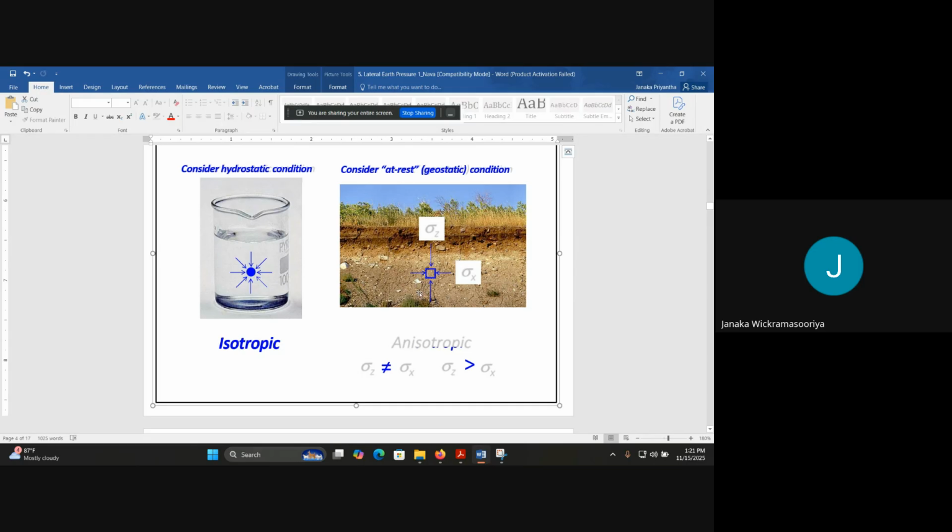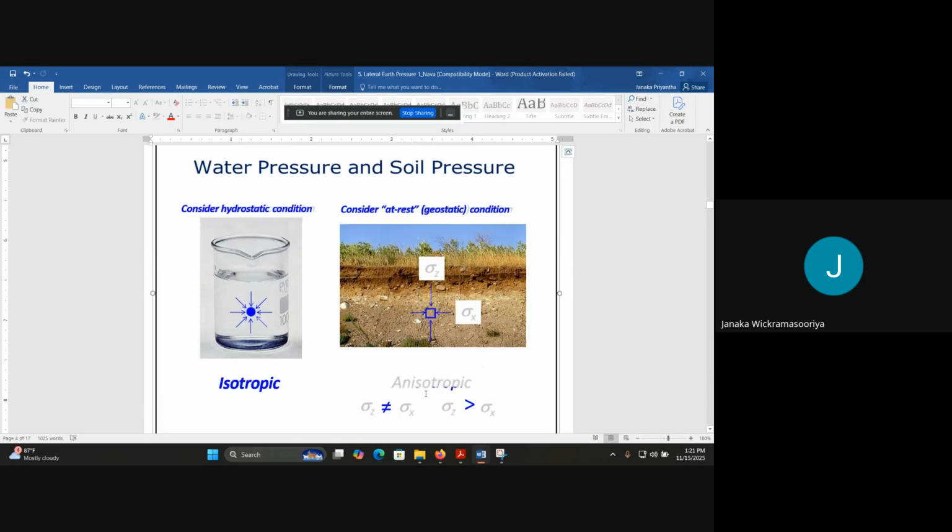different. So the soil pressure is an anisotropic property, right? In soil, the vertical and horizontal stresses are different, but in water, the horizontal and vertical stresses are the same, that is the water pressure. Now the problem is soil has both solid and water.